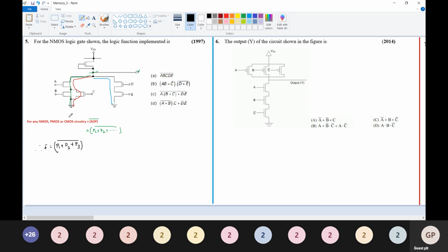First we write the first parallel path as P1, then P2 and P3, the parallel paths between the output terminal and the ground. What are the transistors in the first parallel path? A and B. So P1 is going to be AB.